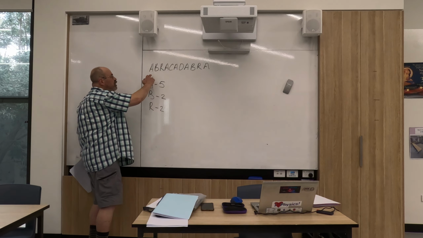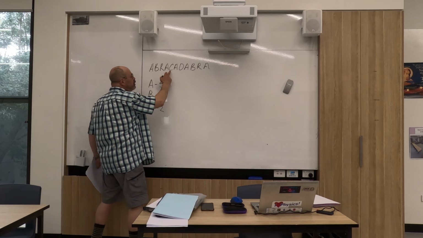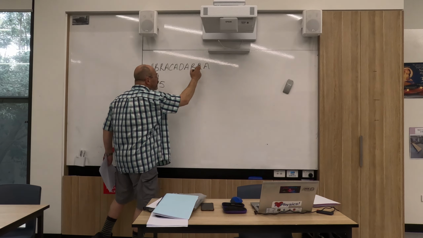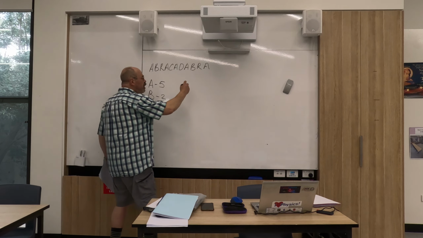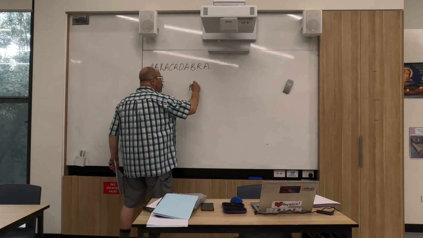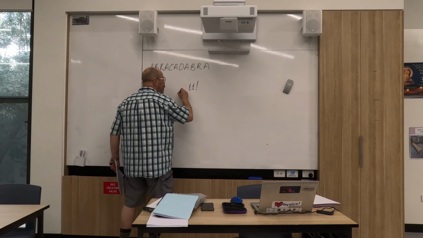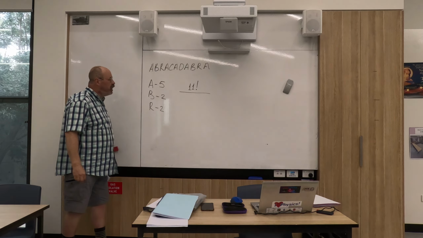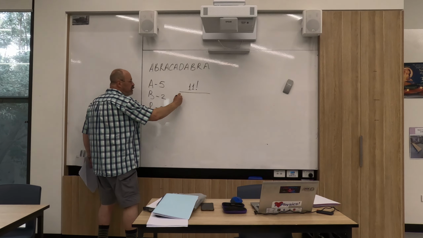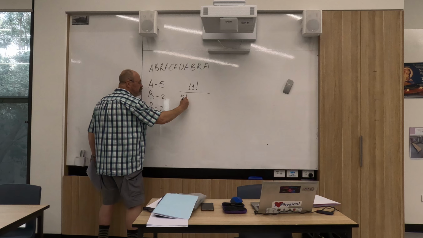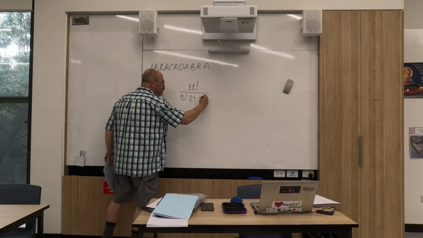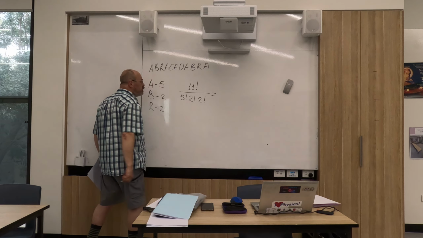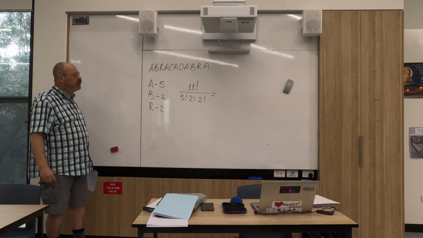So all together we have 11 letters. So the total number of arrangements is 11 factorial, which we need to divide by 5 factorial, 2 factorial, and another 2 factorial, because they are repeated.